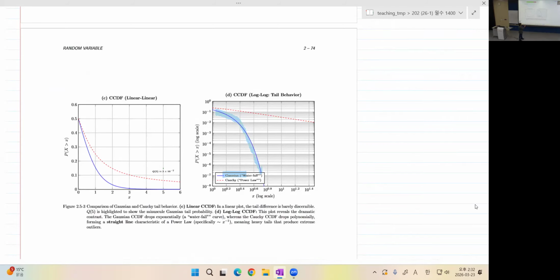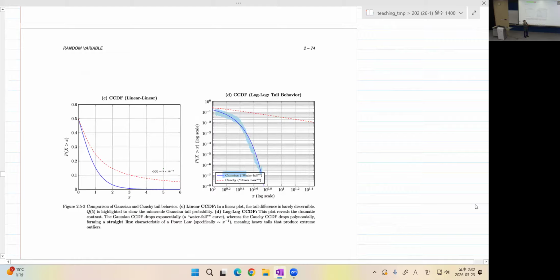However, Gaussian does not. It's decaying very, very fast, faster than any straight line. This is called a waterfall curve in a log-log plot. And this type of curve in a log-log plot is called a light-tailed distribution.